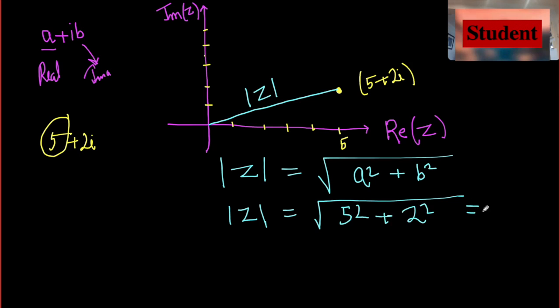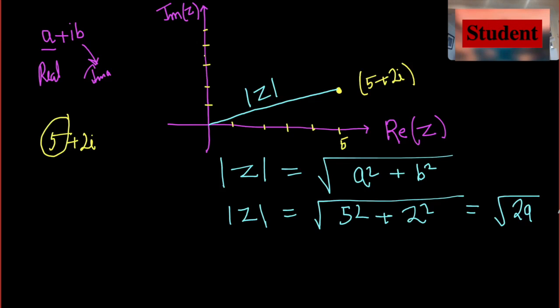Why not 2i squared? Because we are taking the square of just a and b, not i. 5 squared plus 2 squared gives you 25 plus 4, which is 29, so mod z is the square root of 29. Is that alright?